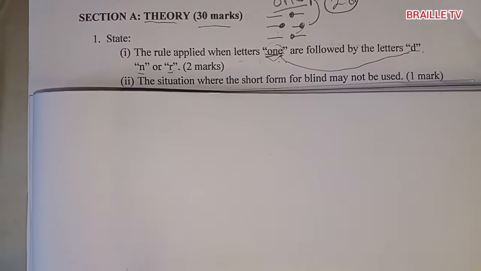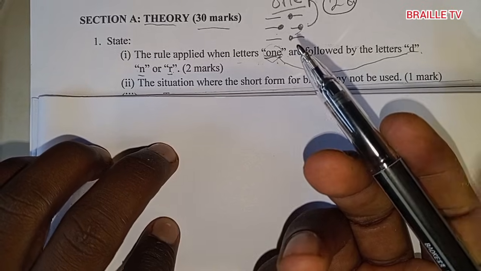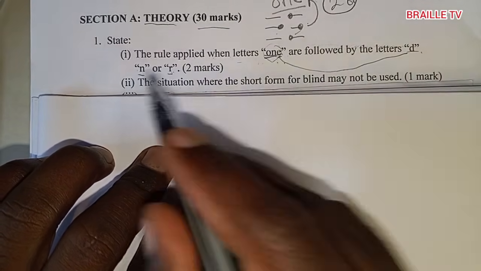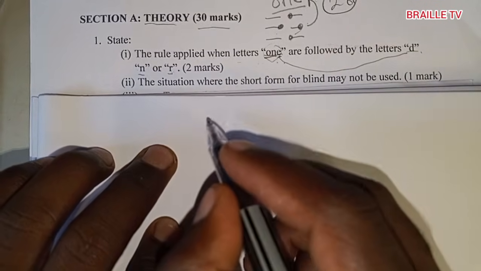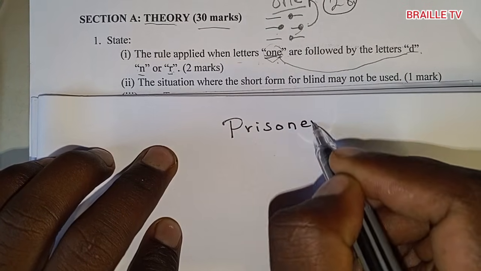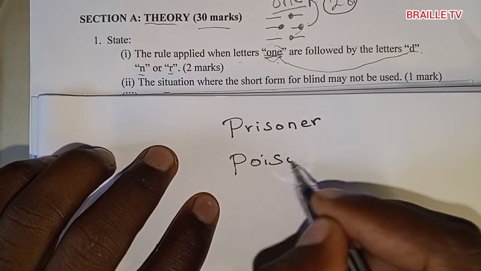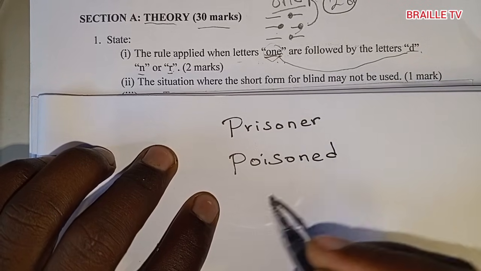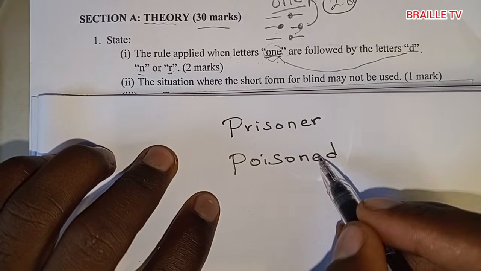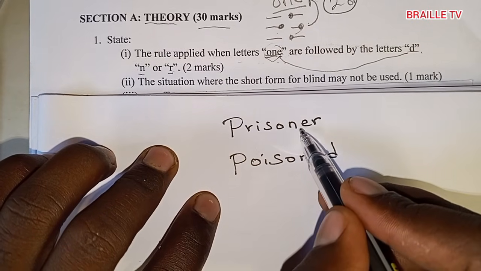Now, teachers, kindly listen and observe the following examples. We want to come up with some examples whereby we have one and this word one is followed by D, N, or R. Now, let us consider these 3 examples. The first example is the word prisoner. Then the next example is the word poisoned. Remember we are looking at D, N, or R. So here, you see now, the word one is here, isn't it?